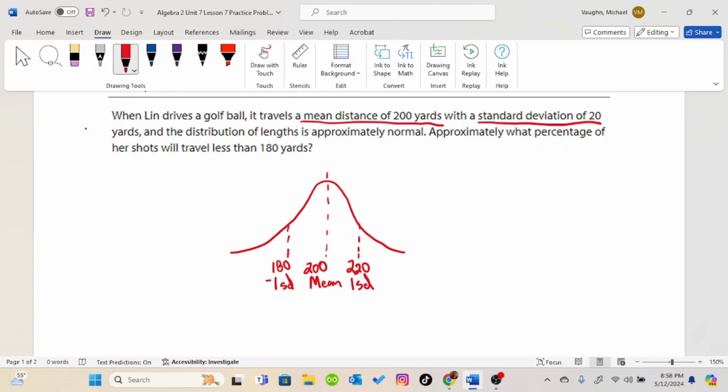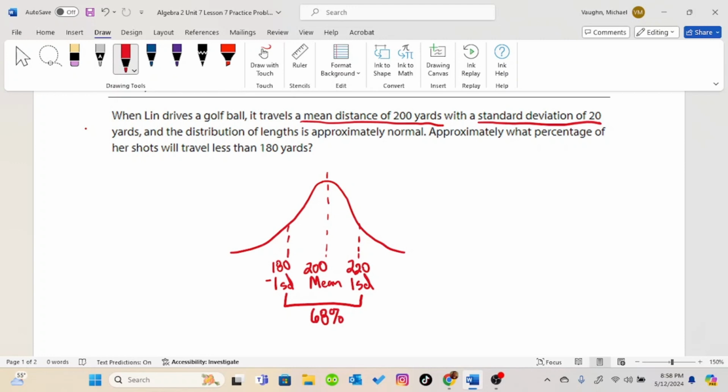And we need to think back to our 68, 95, 99.7 rule. Because what we know is that between one standard deviation below and one standard deviation above, this would be 68% of all data points.